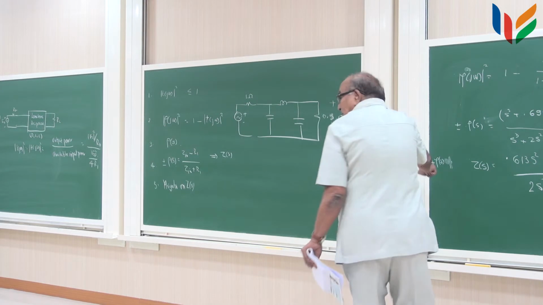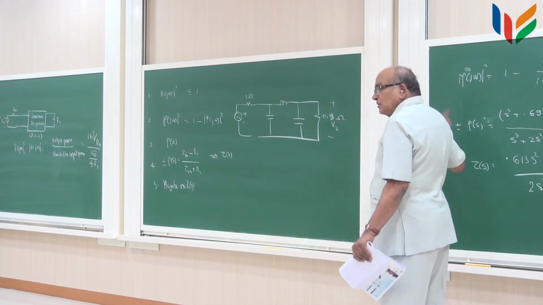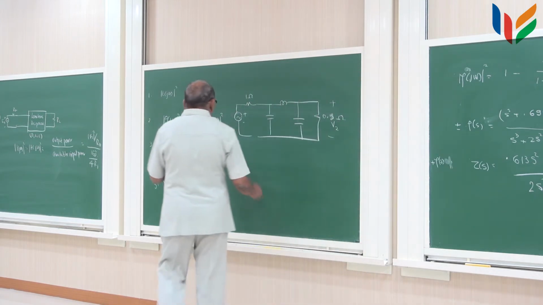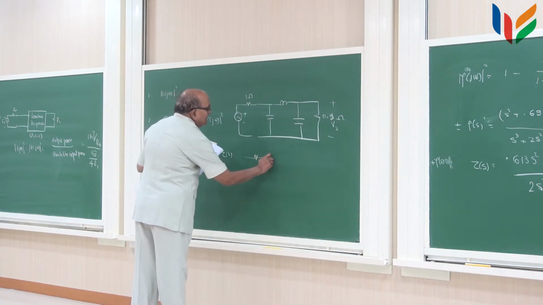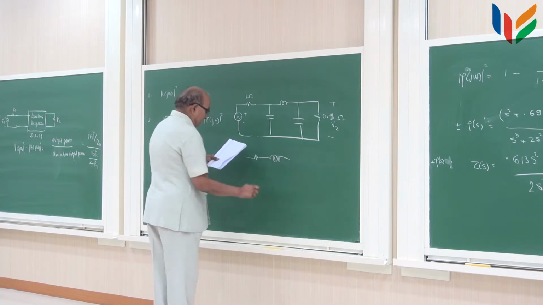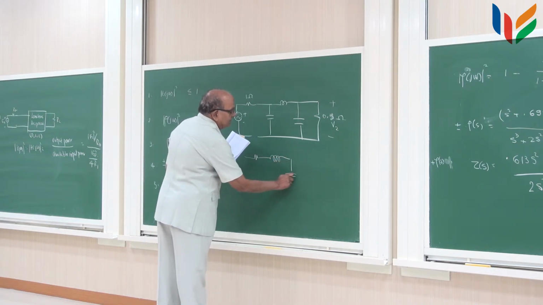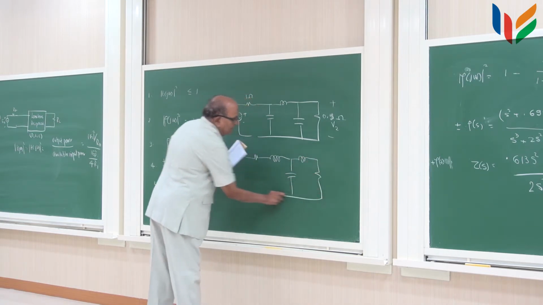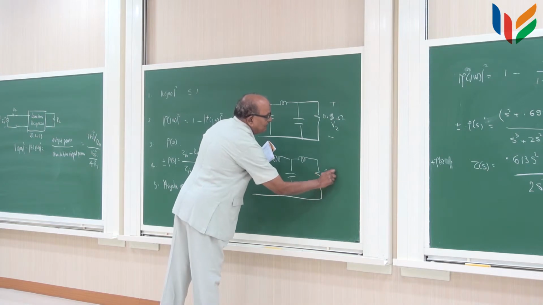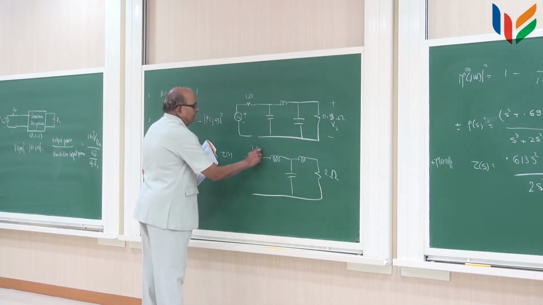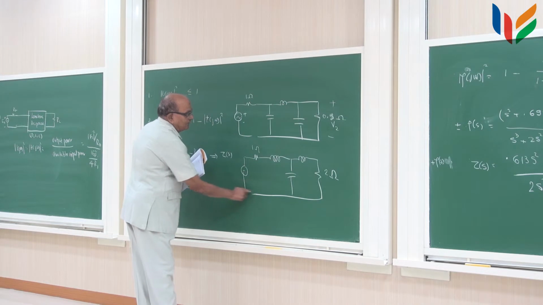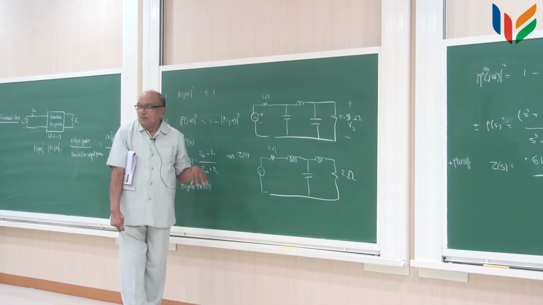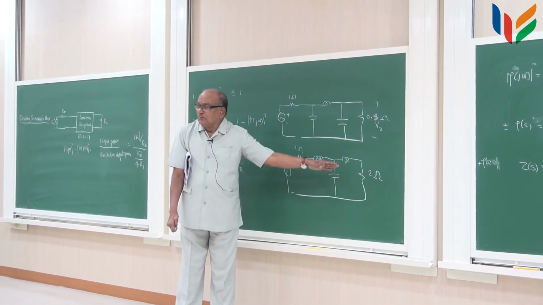If I take minus rho of S and do the same thing, you get a dual network for this, and the network comes out to be this is what we wanted, 1 and 2.